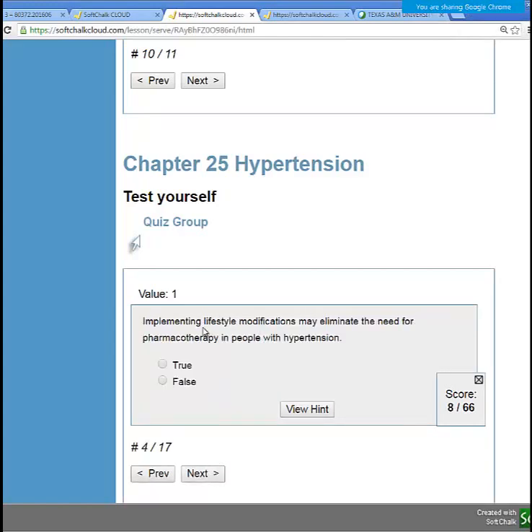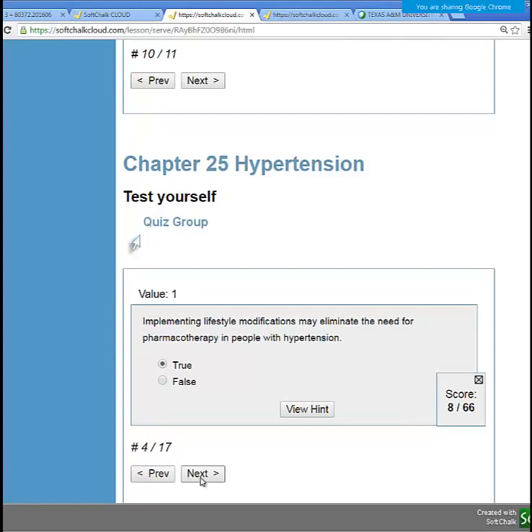Implementing lifestyle modifications may eliminate the need for pharmacotherapy in people with hypertension. Yes, that's true. People have hypertension for life. And what happens is if they lose weight and they exercise, they can get off of medications, but it doesn't cure the hypertension.